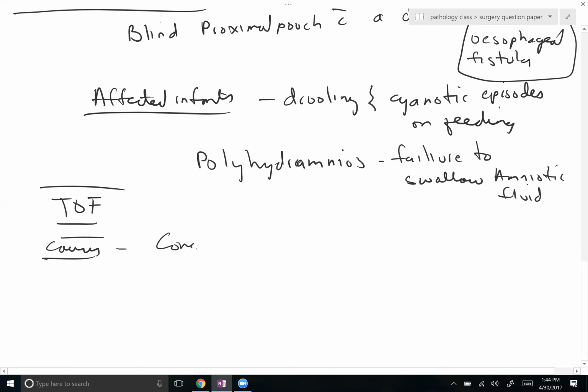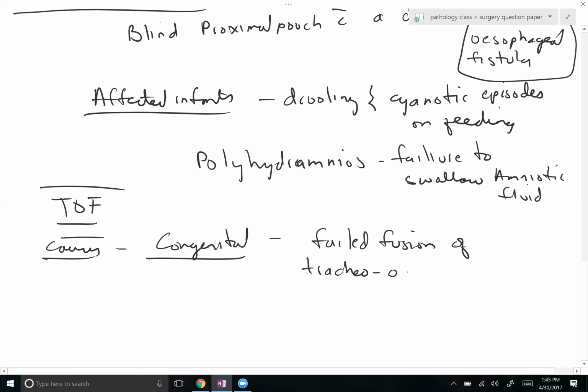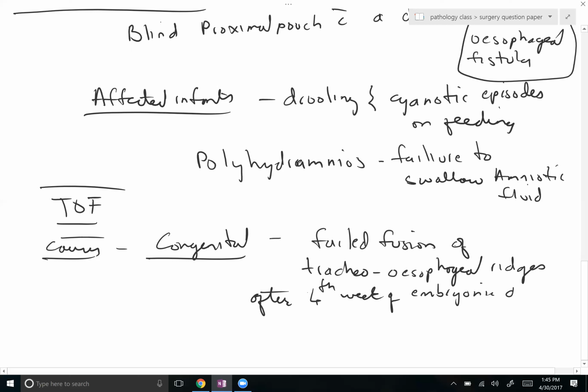It is again the same thing, congenital. This occurs due to failed fusion of the tracheoesophageal ridges after the fourth week of embryonic development.